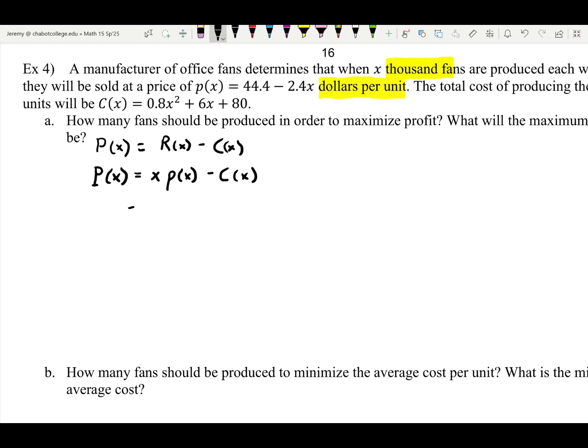So let's plug in our values here, because I would love to get a profit function. So this will be x times 44.4 minus 2.4x, and we're subtracting from that the cost function, which is 0.8x squared plus 6x plus 80.